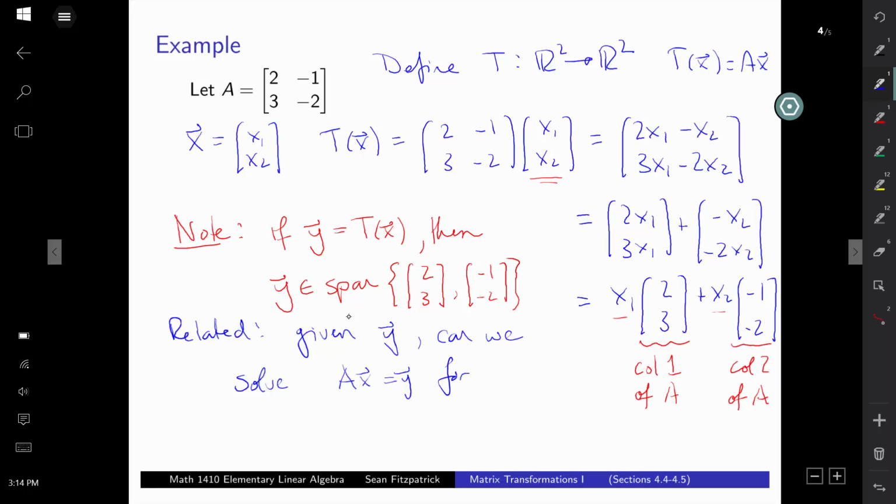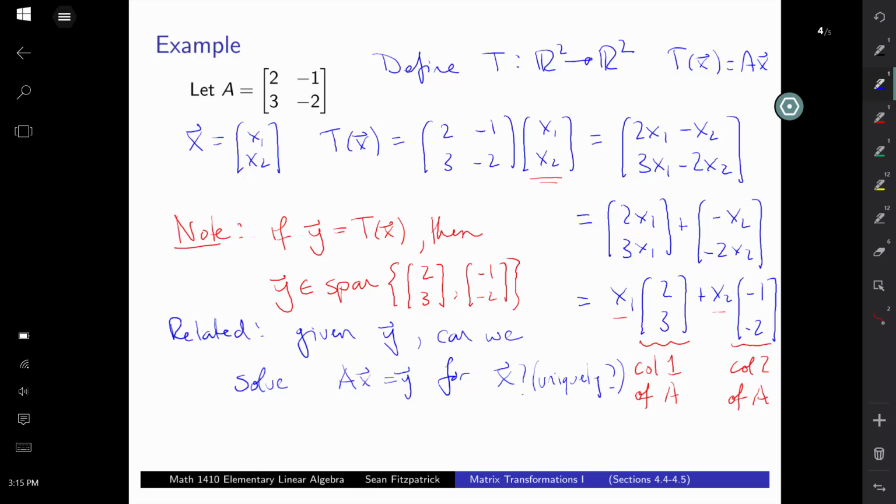Can you solve this for x? And if you can solve it, can you do it uniquely? That's also a related question. There are a lot of problems like this that you can ask about these matrix transformations, which are related to a lot of problems in linear algebra and to systems of equations that we're going to encounter as we move forward through this material.